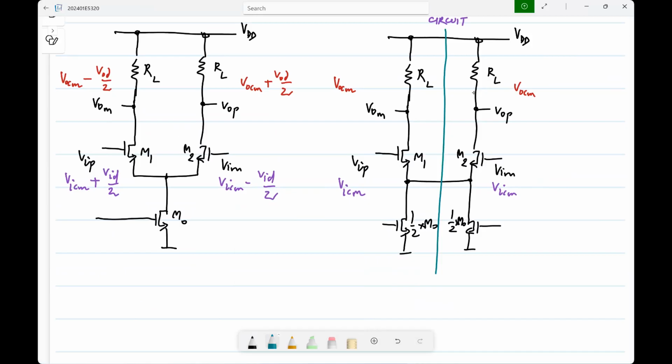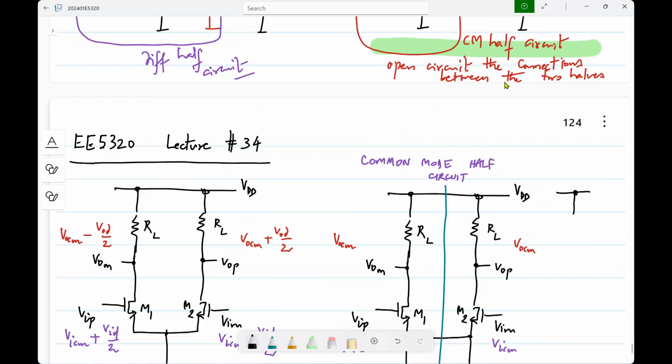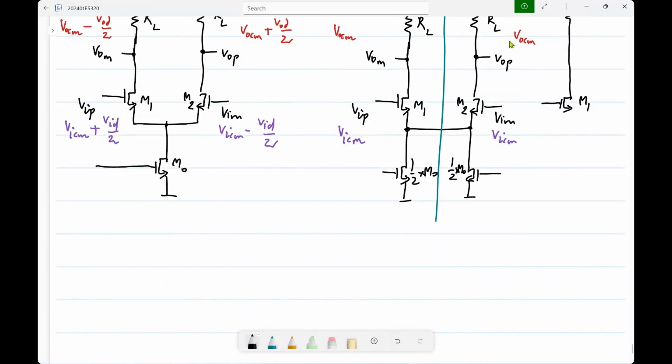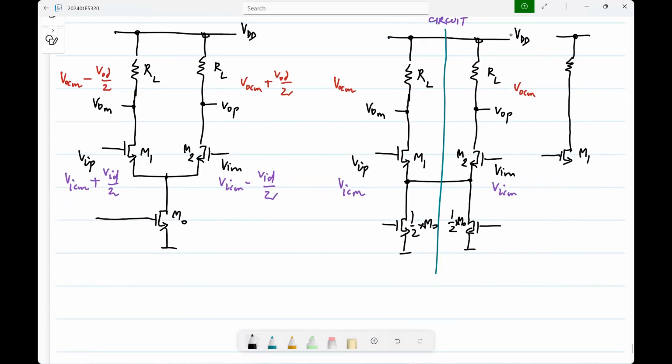Currents, there is no current crossing that line of symmetry. So you can just cut it off and do the analysis of only the half circuit, which would be with M1 and half of M0. Okay.